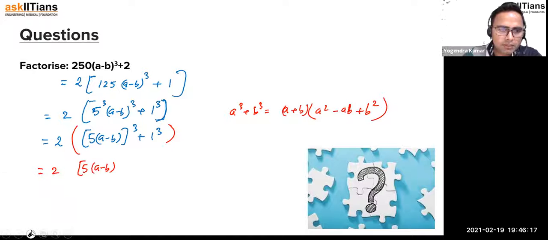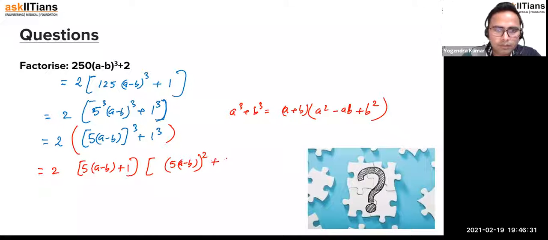First let me write down a plus b, which is 5a minus b plus 1, right? Then here (5a minus b) square minus ab, so b is what? 1. So it is going to be the same, (5a minus b) plus 1. 1 square is like 1 only. So that's why 1 square. Okay, if you want, you can write. So 2 times, now, (5a minus 5b plus 1). This is what we got.